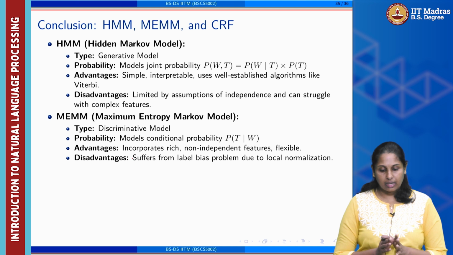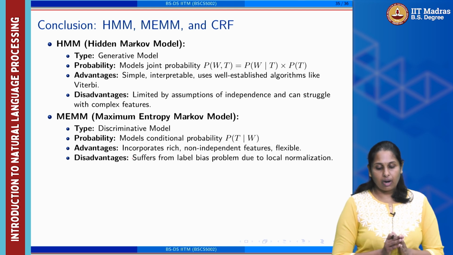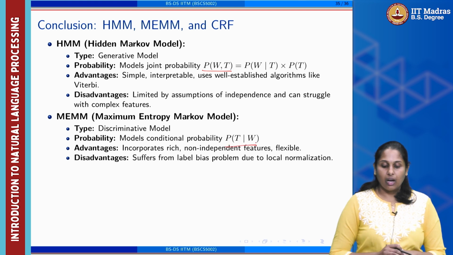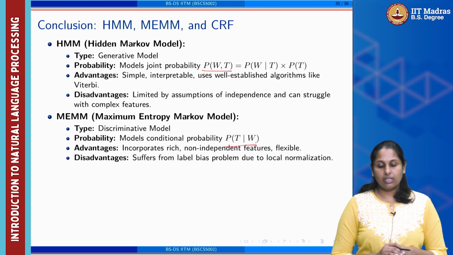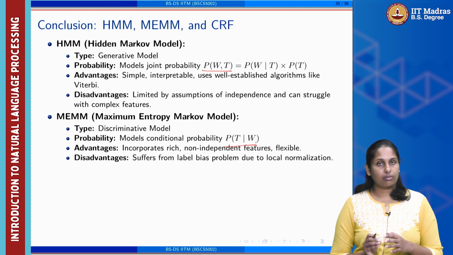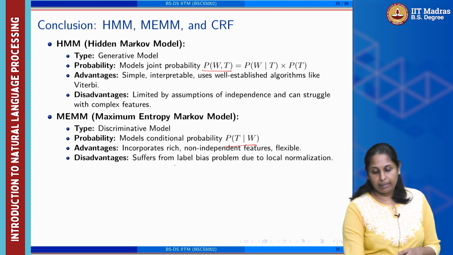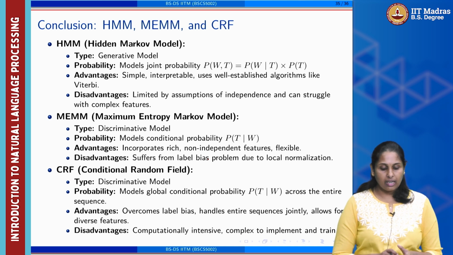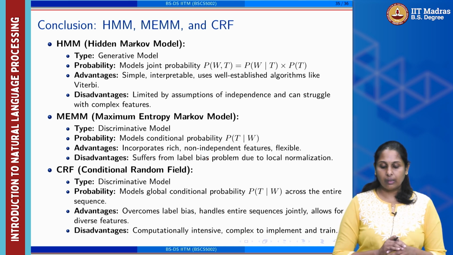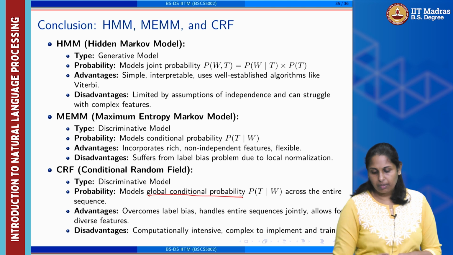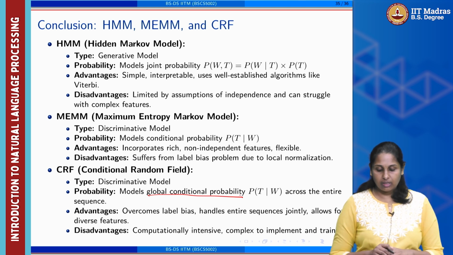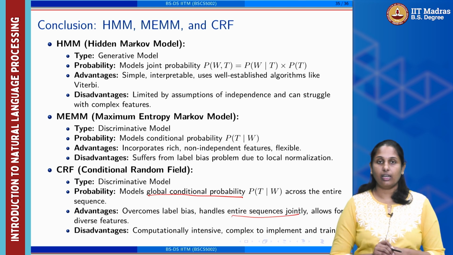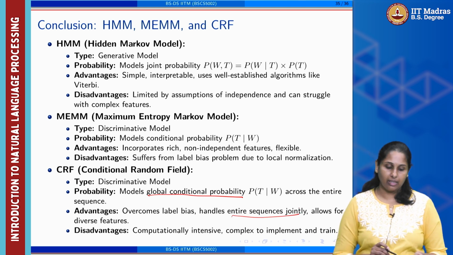And MEMM is again a discriminative model, and it works with a conditional probability, whereas HMM uses a joint probability. The advantage here is that it has rich, non-independent, flexible features, but it suffers from the label bias because of local normalization. On the other hand, CRF is a discriminative model. Again, it uses global conditional probability across the entire sequence. So, it overcomes the label bias and handles the entire sequence jointly, so that diverse features are learned better in CRF.